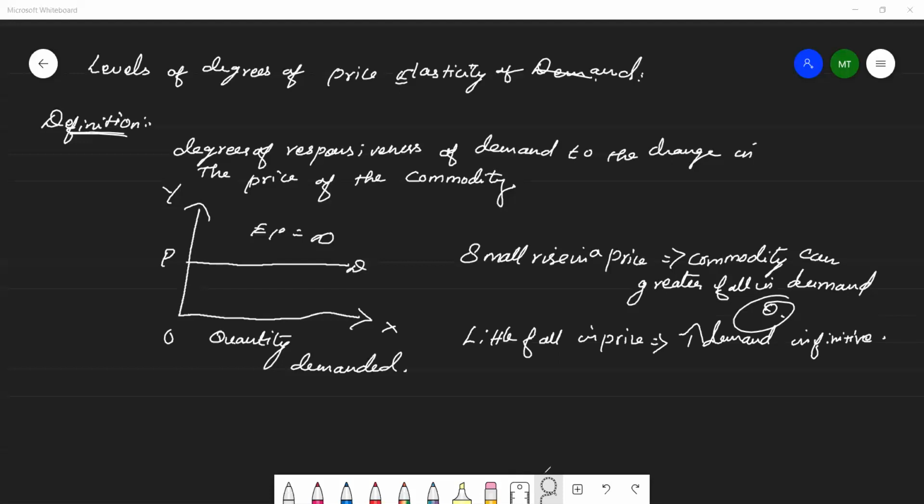In perfectly elastic demand, the curve is a horizontal straight line.